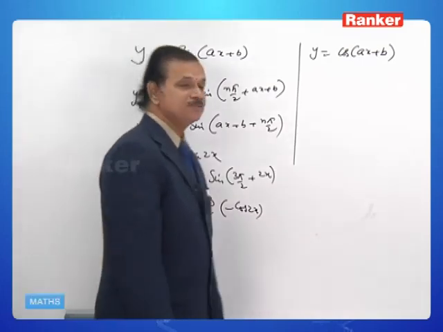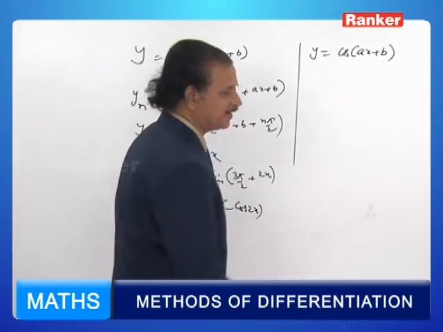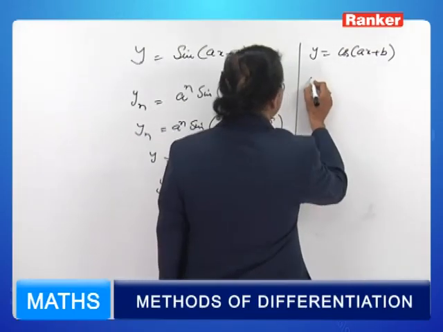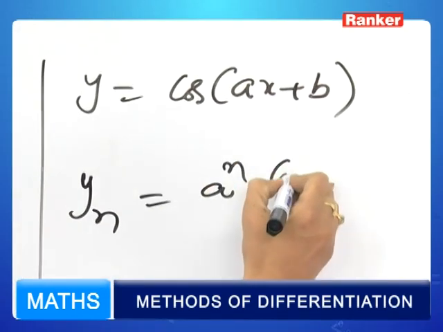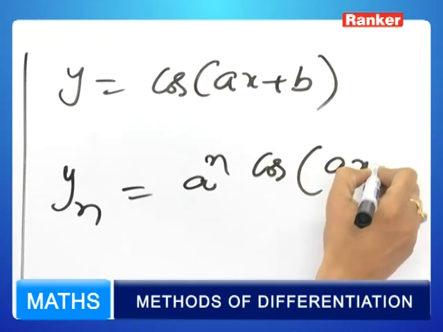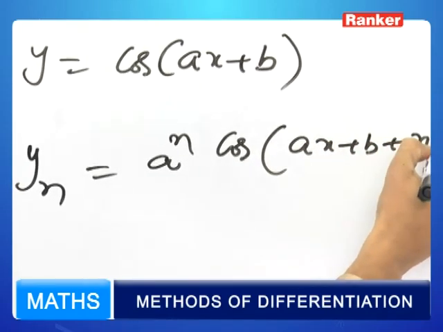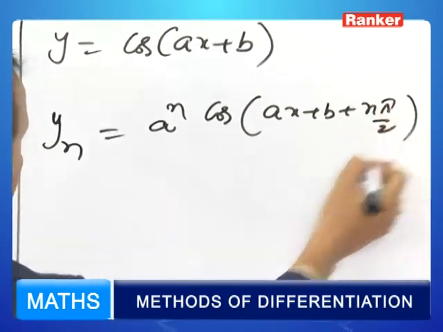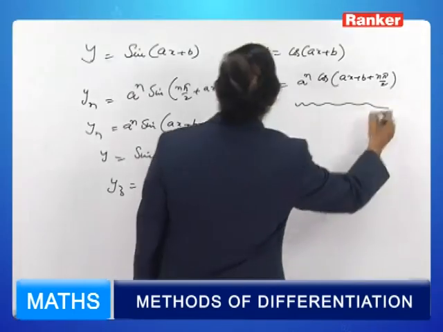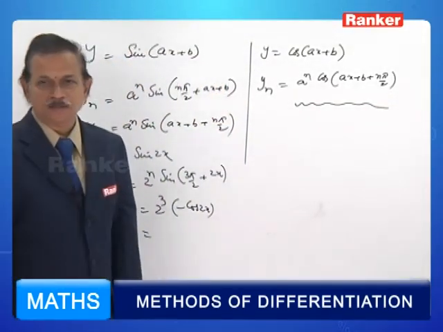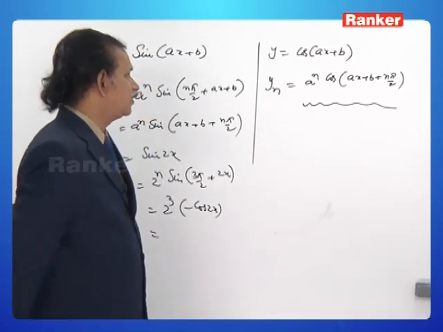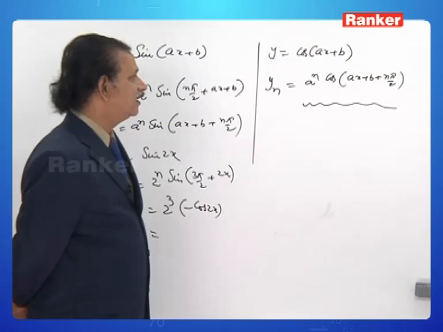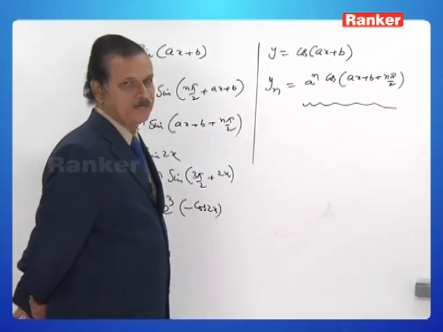Right. What happens in the case of y is equal to cos of ax plus b? Just like the previous case, yn is equal to a power n into cos of ax plus b plus n pi by 2.